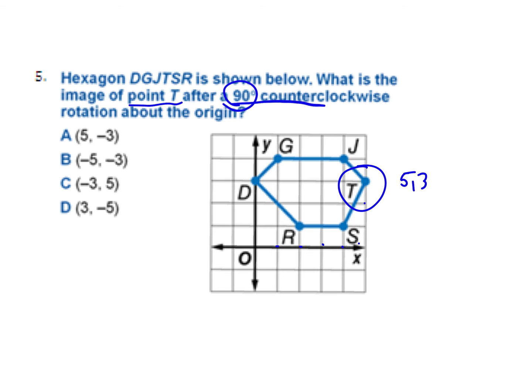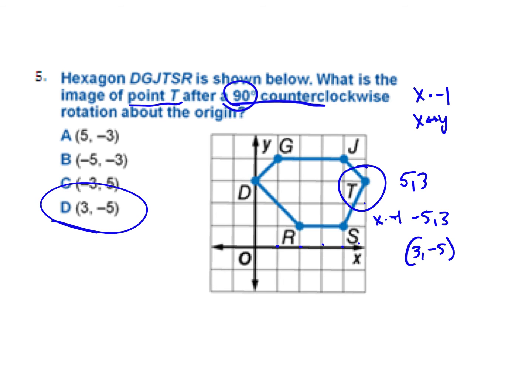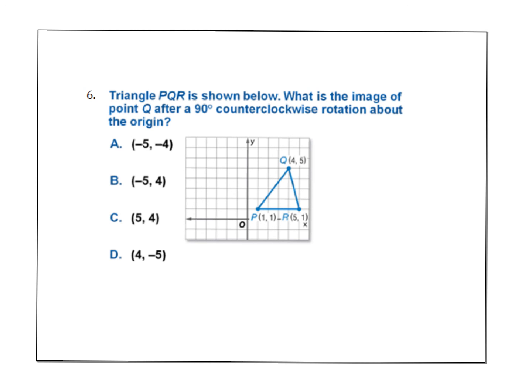Well, if it's 90 degrees, remember that is x times -1, x and y switch places. So if I multiply by -1, that's -5, 3. Then they switch places. That should be my new point, so that should be letter D. So multiply by -1, and they switch places. So here, similar.